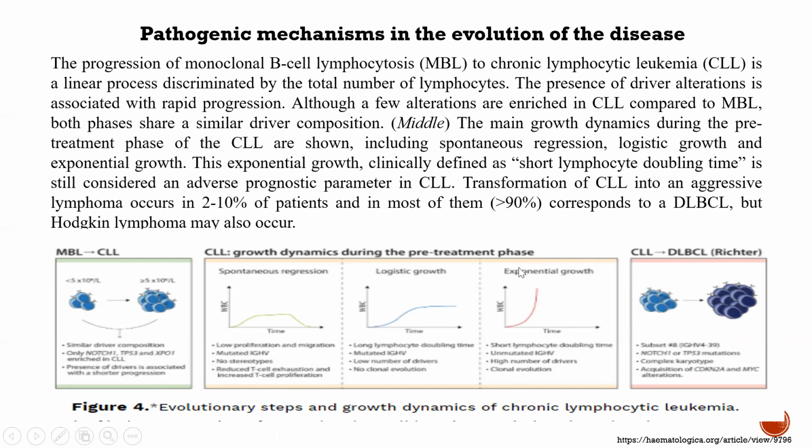This exponential growth is clinically defined as short lymphocyte doubling time and is still considered an adverse prognostic parameter for patients with leukemia. Transformation of leukemia into aggressive lymphoma occurs in 2 to 10% of patients, and in most of them corresponds to a high level of blasts, but Hodgkin lymphoma may also occur.